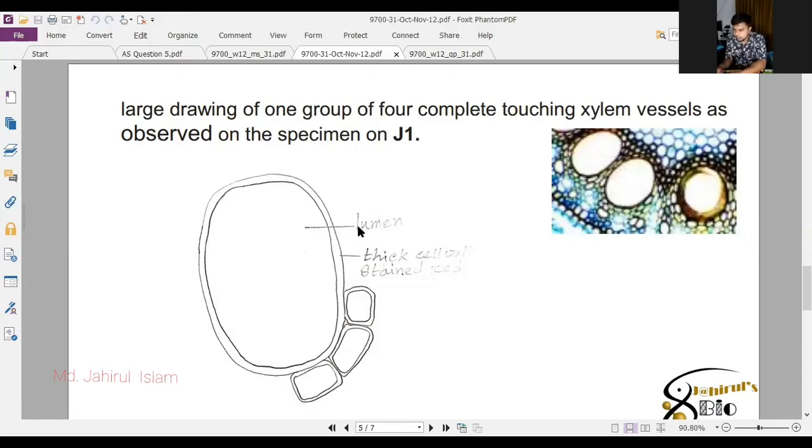Then you will draw a label line to label the lumen, and you can label the thick cell wall, that is stained red, or you can write down large hollow lumen with nothing inside or something like that. So that will identify this is the xylem vessel.